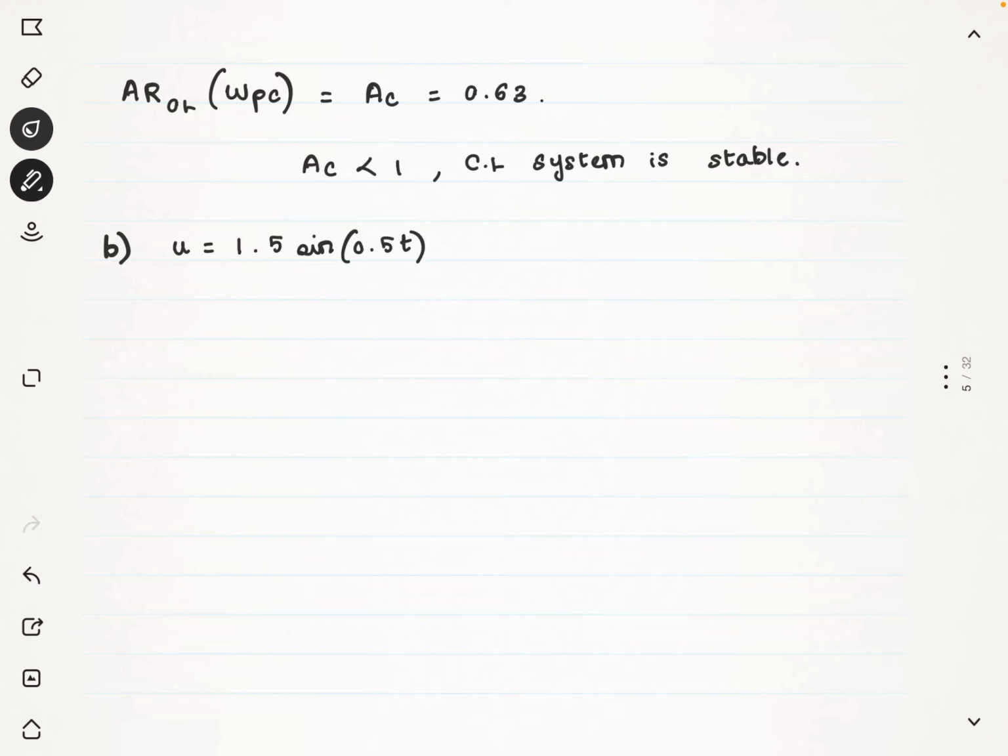So the general form of a sine input is a sine omega t. So if you compare to the general form, we get the amplitude is 1.5, the amplitude of the input is 1.5. Frequency of the input is 0.5 radians.